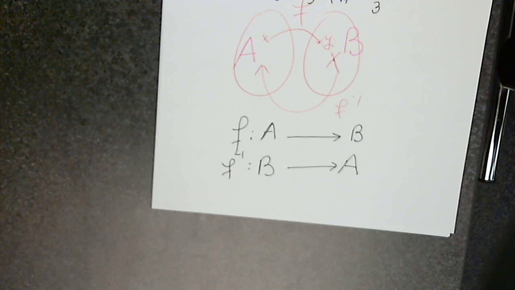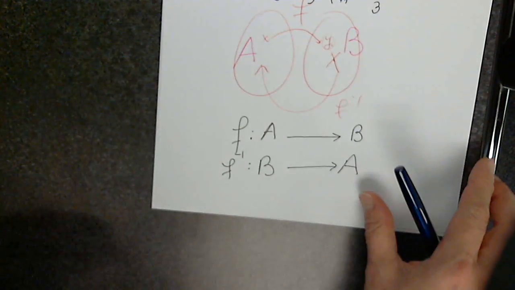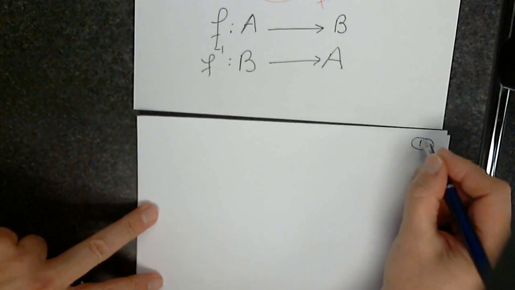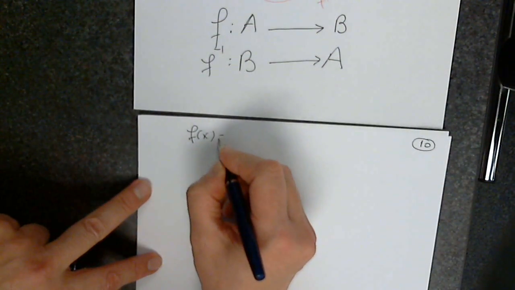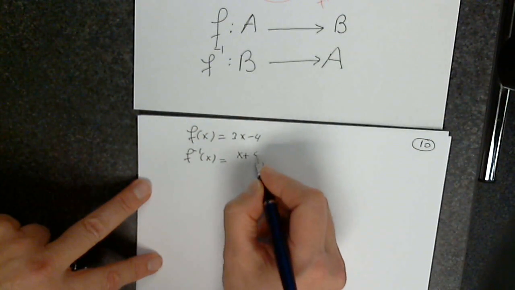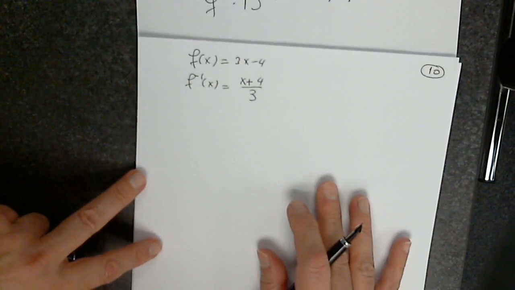Okay, I have 3 minutes left. So now I found that f of x, which is 3x minus 4, has an inverse function which is x plus 4 divided by 3.